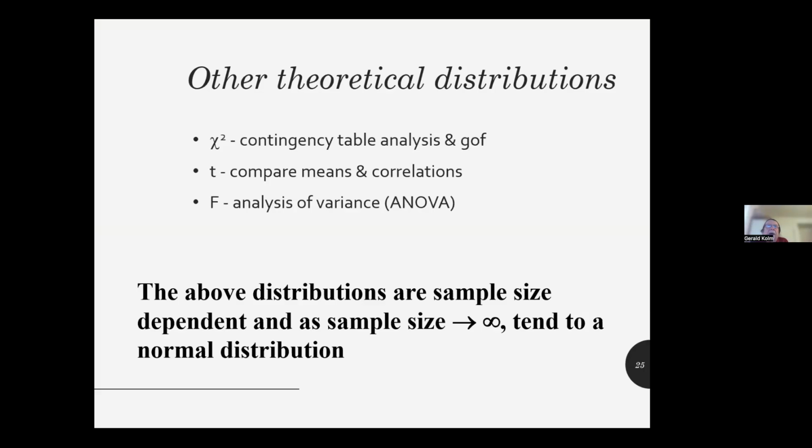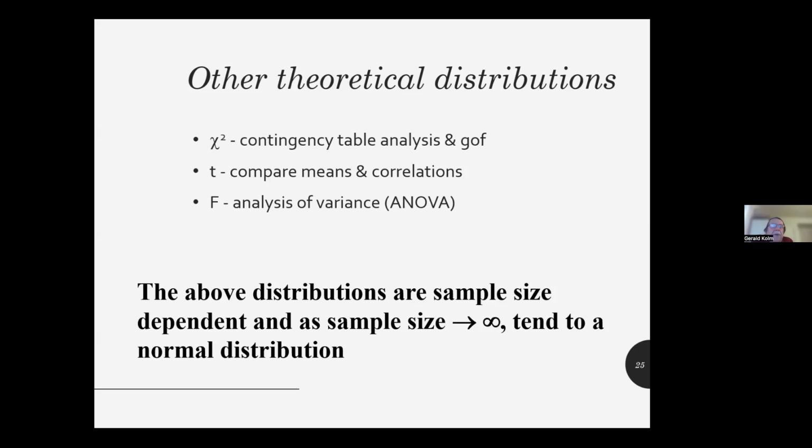Okay, so then other theoretical distributions that you may or may not have heard of include the chi-square. Most everyone has probably heard of a chi-square distribution. We use that when we look at contingency tables or goodness of fit. Then a t distribution, which is symmetrical like a normal distribution. It just has thicker tails because it's dependent on sample size.